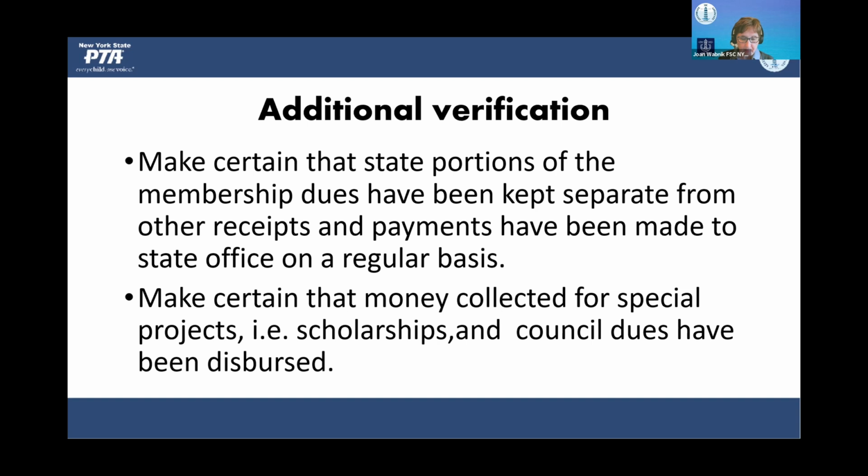Such books of account or records shall at all reasonable times be open to inspection by an authorized representative of New York State PTA, or where directed by the Committee on State and National Relationships, by a duly authorized representative of the National PTA.